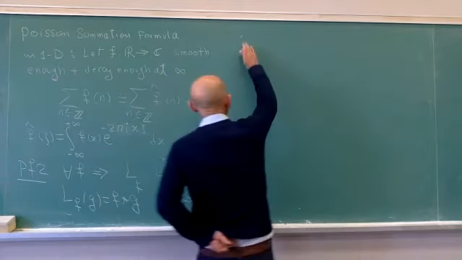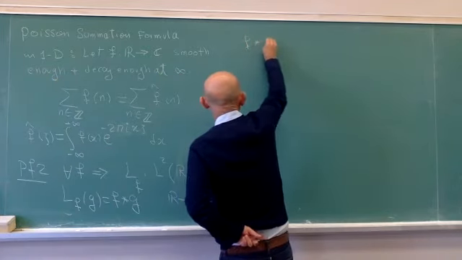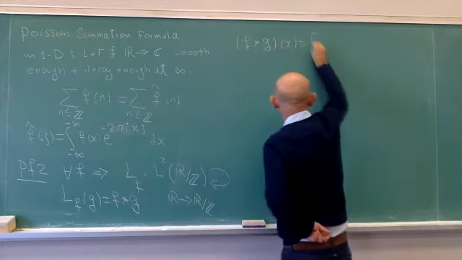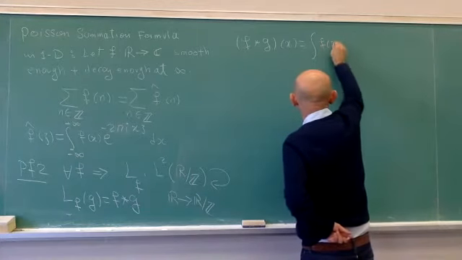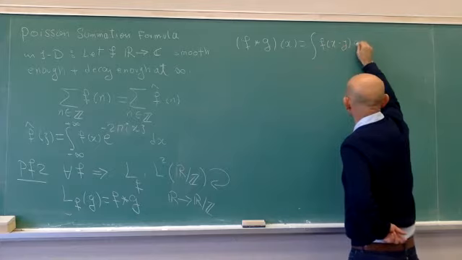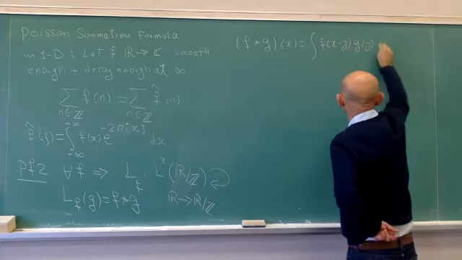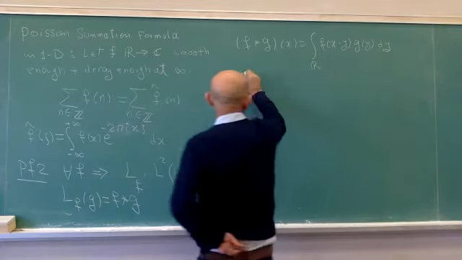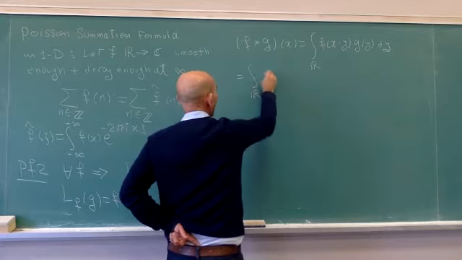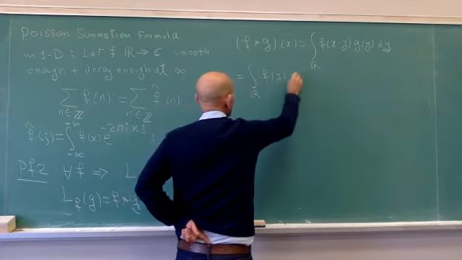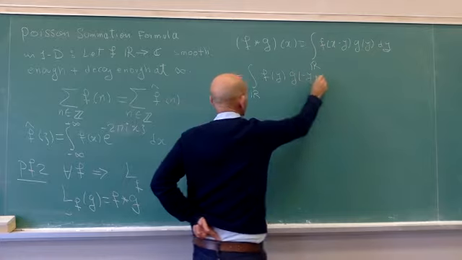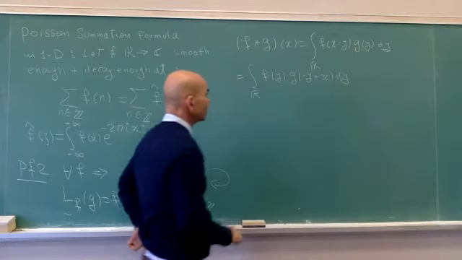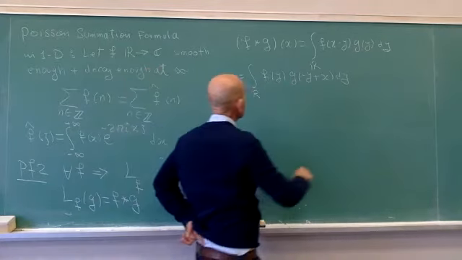So what is convolution? f star g of x is the integral of f of x minus y, g of y, dy over R, which is also the same as the integral over R of f of y, g of x minus y, dy, again over R. So this is the convolution.